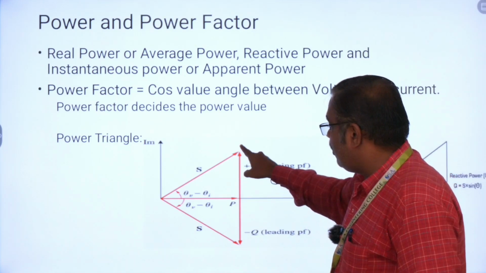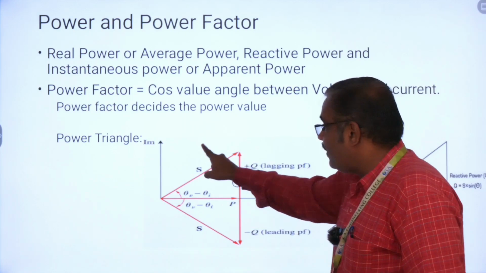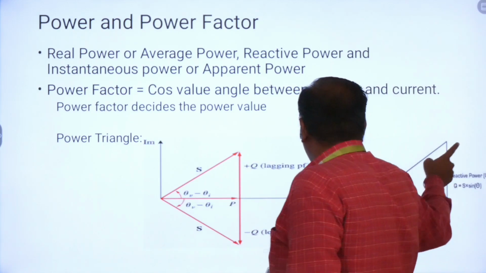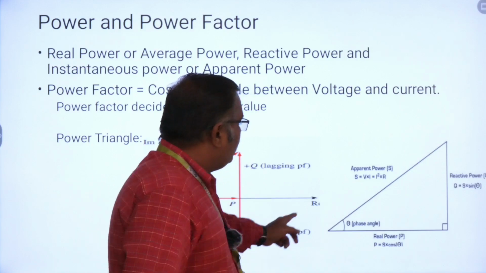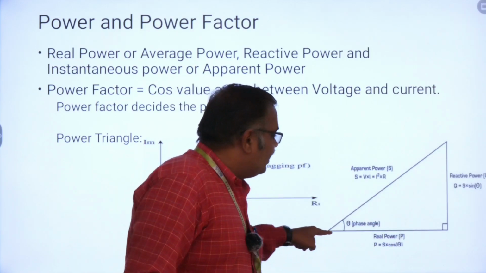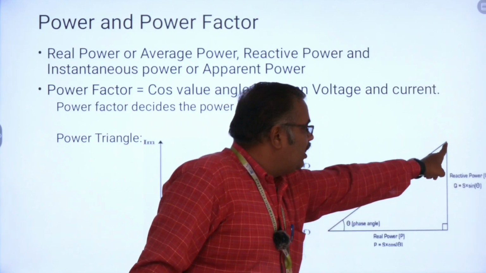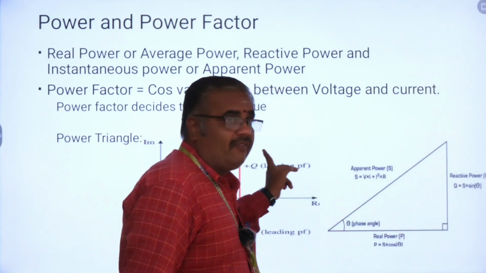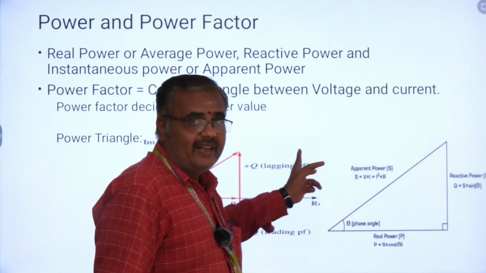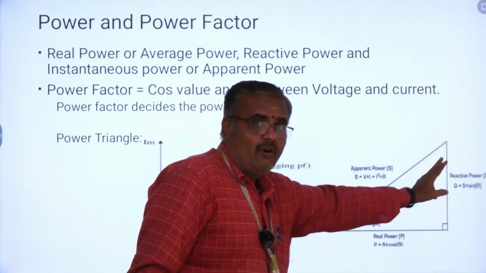This is for inductance and this is for capacitance. Therefore you can represent this in terms of a simplified diagram, a triangle. This triangle is called the power triangle, where the x-axis gives the real power and the y-axis gives the reactive power. Here we have taken the resultant value of the two reactances, XL and XC, and we have drawn it like this.